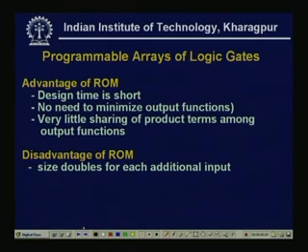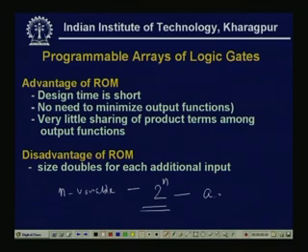That means, if it is an n variable function, or n input, then all 2 to the power n products, that is, for n addresses, that many places are there where either 0 or 1 is kept.